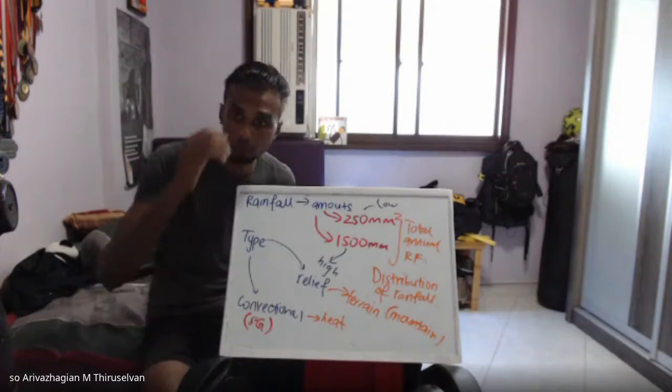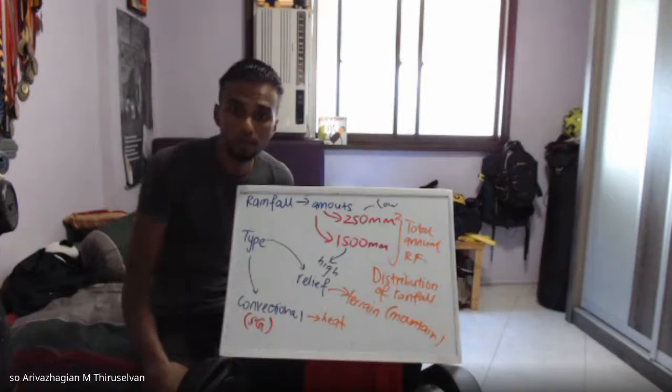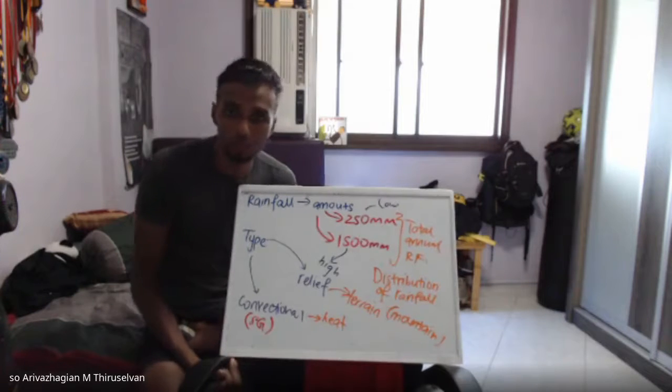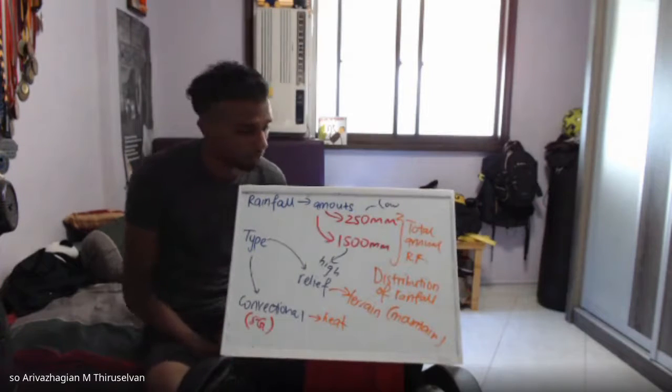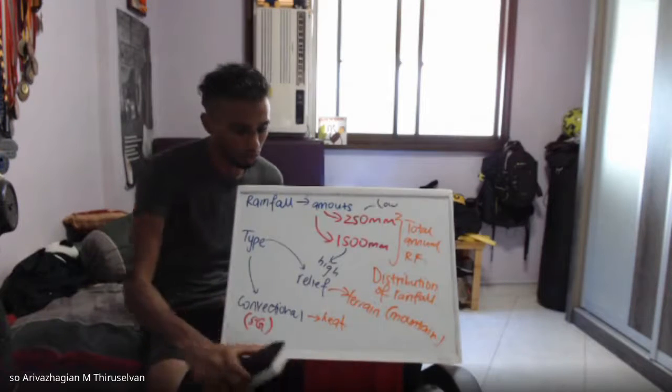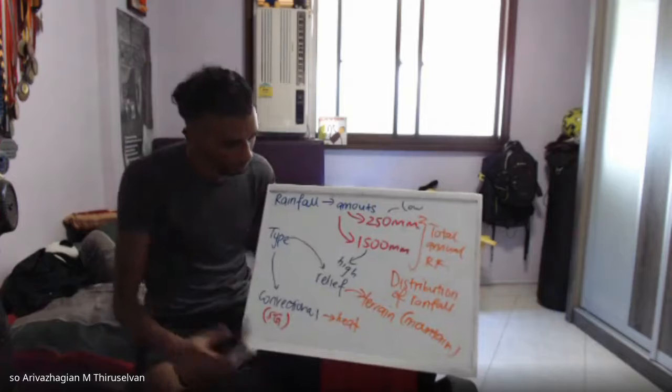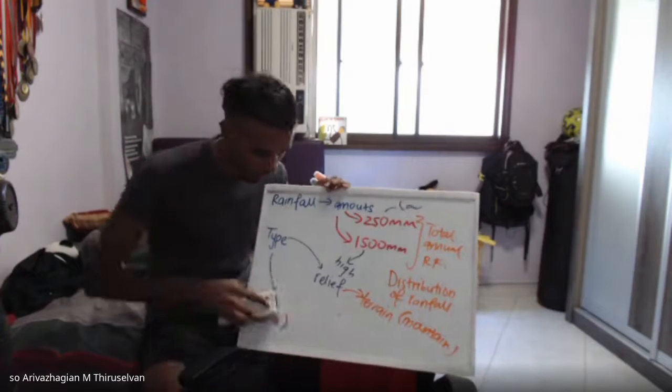How do mountains cause rainfall? That is why we don't really experience it in Singapore. We don't really have a mountain, we only have a hill, and the hill is not going to make much of a difference. So let's move on to convectional rainfall.